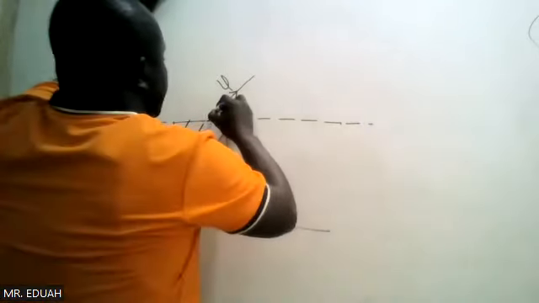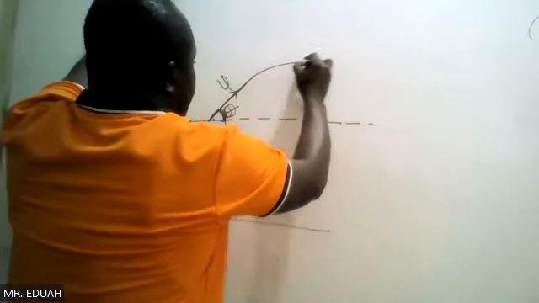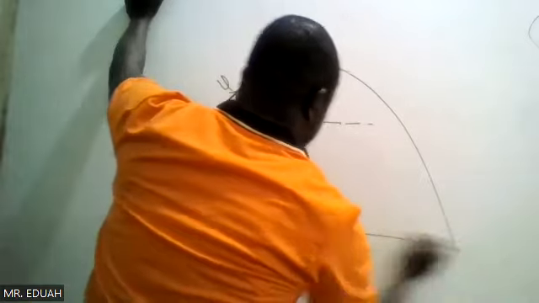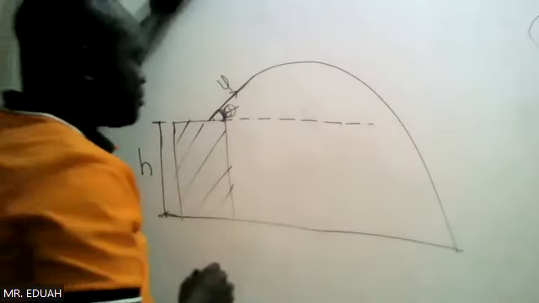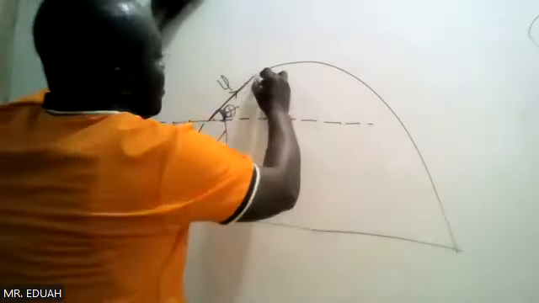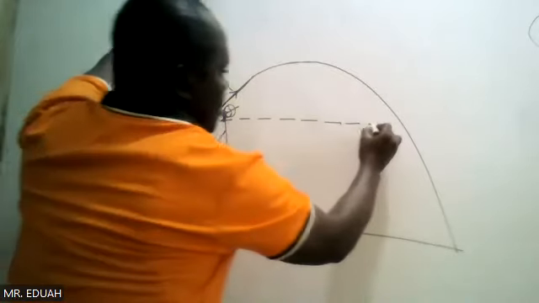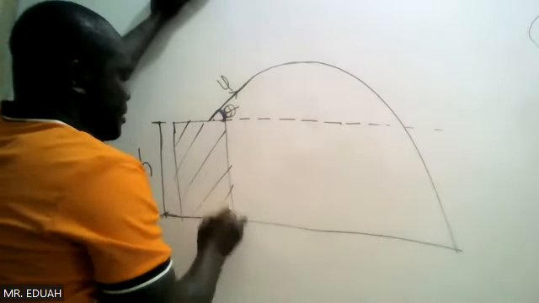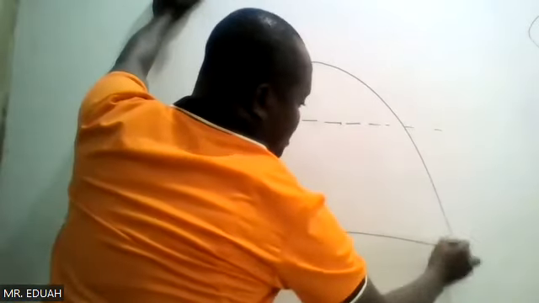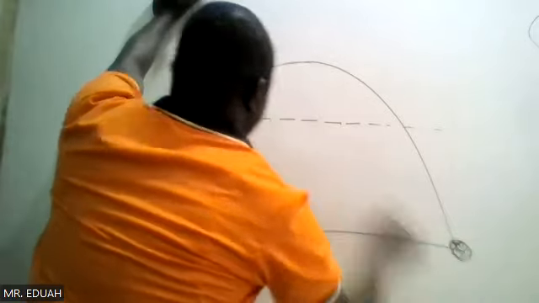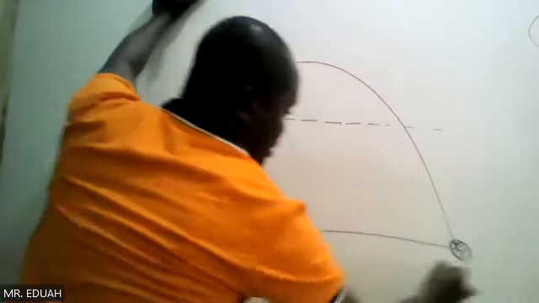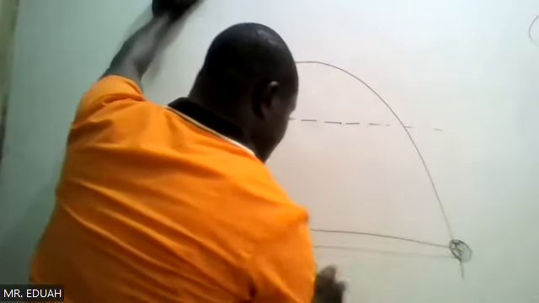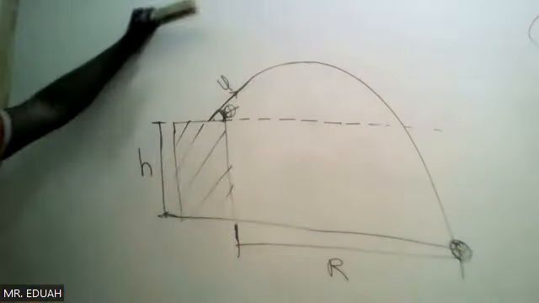And so there's the path, then it drops to the ground. From this point to when it drops on the ground, height to ground, this is still the range.